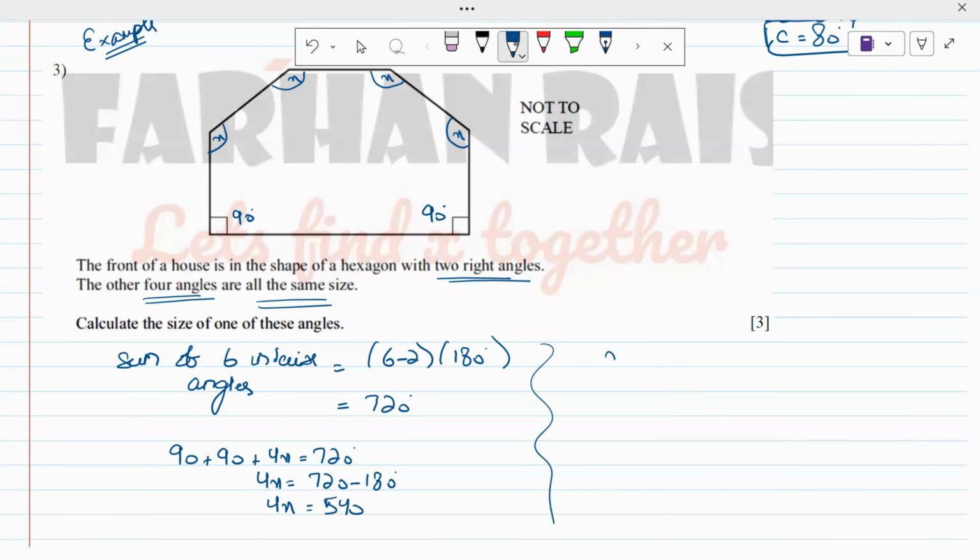So we get x as 540 upon 4. x is 135. So each angle is 135. We are supposed to find one of these angles, so one angle is 135.